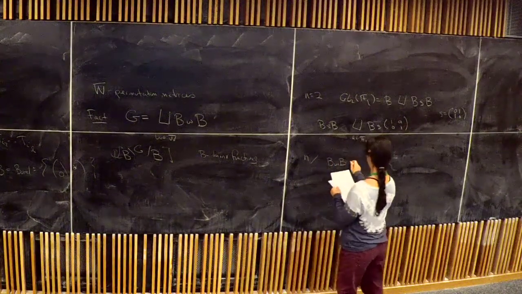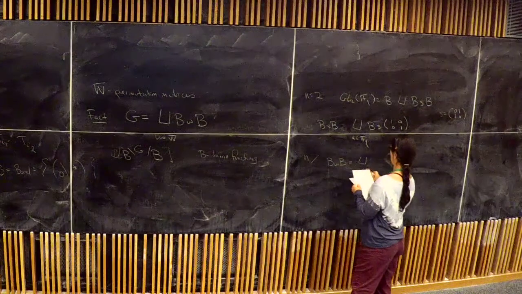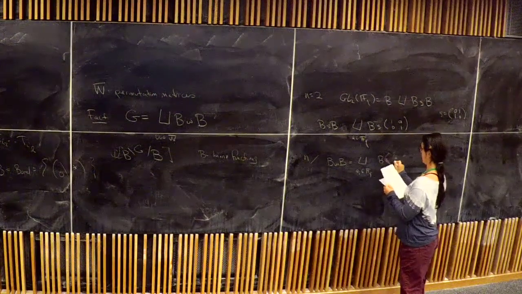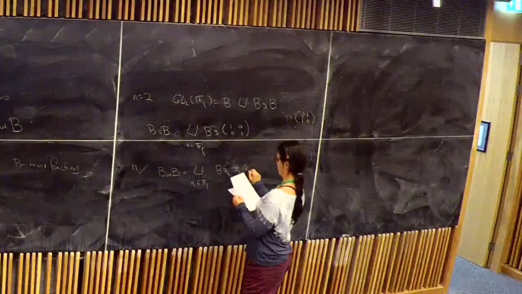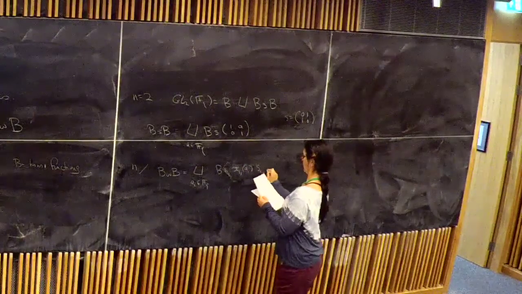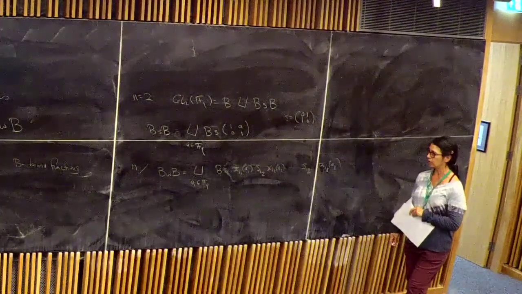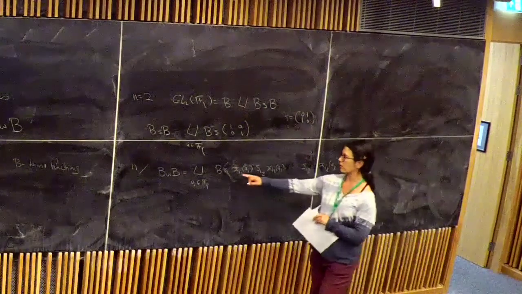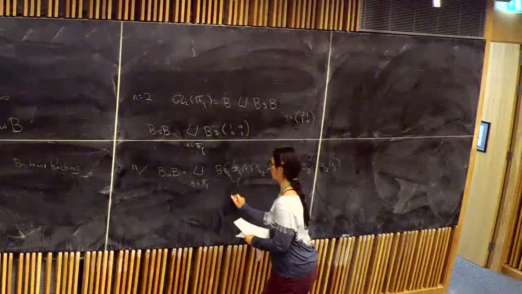So if you have BwB, you can write it as a union over constants in F_q, B s_{i1}, call this x_{i2}, and stick these matrices in here. What is this matrix? Well, I'll write it this way.